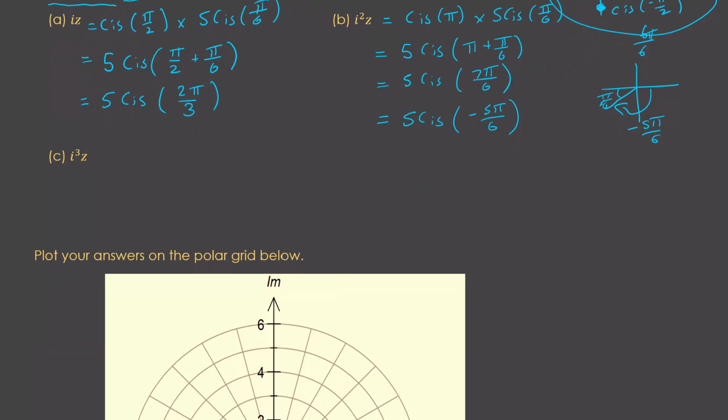So we're going to have cis negative pi by 2 times 5 cis pi by 6, which is 5 cis. And that will be negative 3 pi by 6 add pi by 6, which is negative 2 pi by 6, which is negative pi by 3.